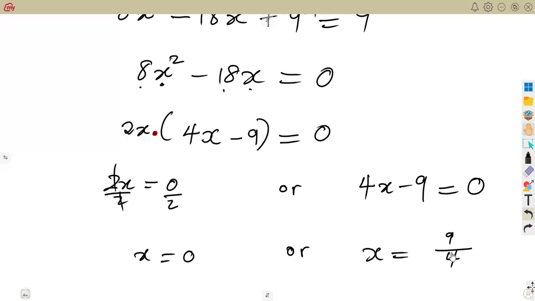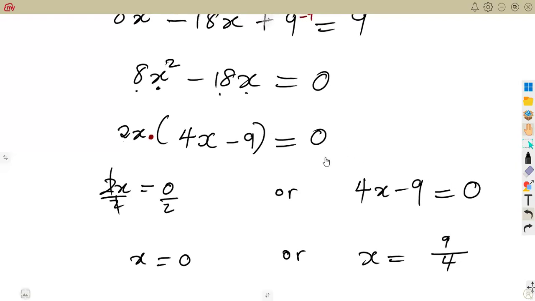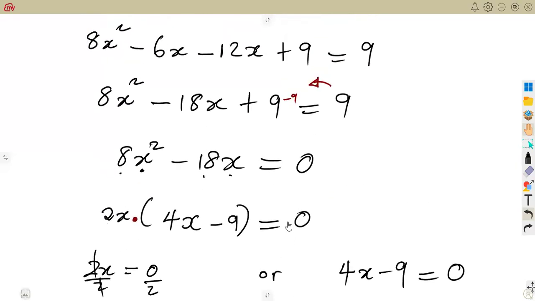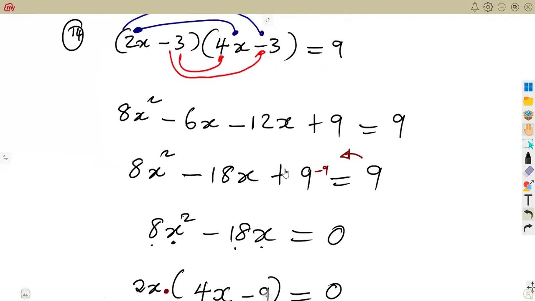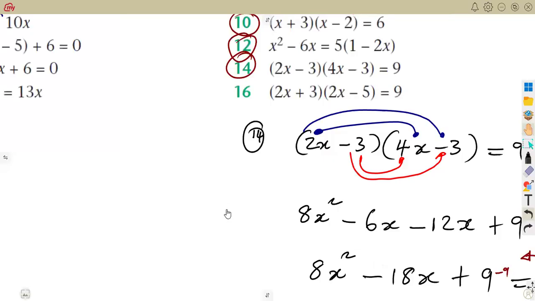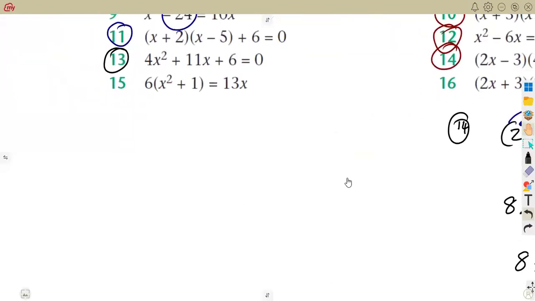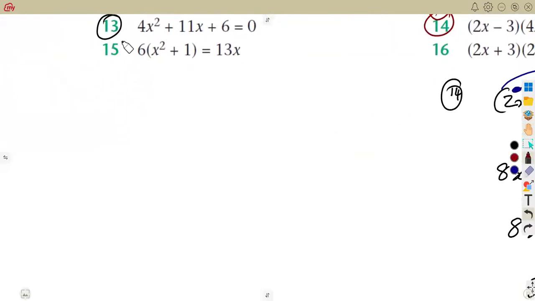So you can have this as a fraction, 9 over 4. You can have it as a decimal, 2.25, whatever way that you want to present your answers as. After you've formed the quadratic equation, remember to factorize in the basic way that you actually understand. So this is it, guys. Questions can be like that.